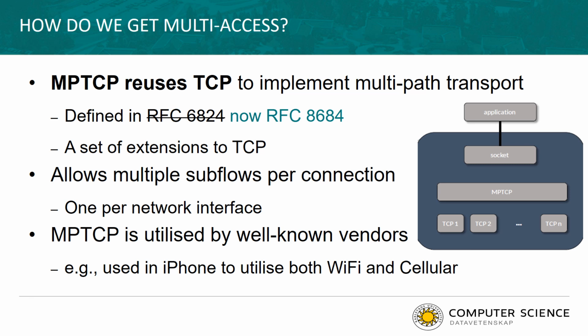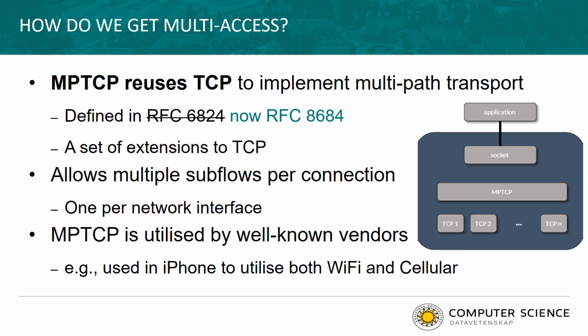And MPTCP provides a set of extensions to TCP that allows it to communicate over multiple paths. You can see it as adding a meta layer on top of several underlying TCP connections. So it allows multiple subflows, or using multiple TCP connections, for one MPTCP connection.